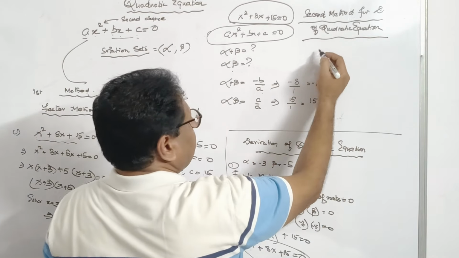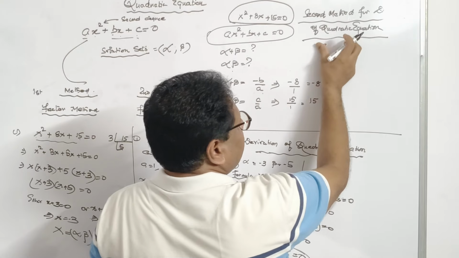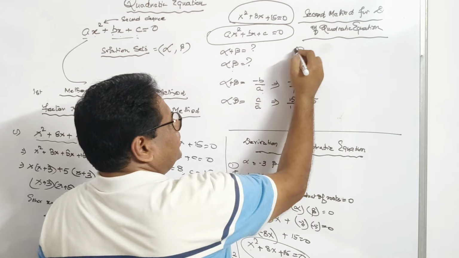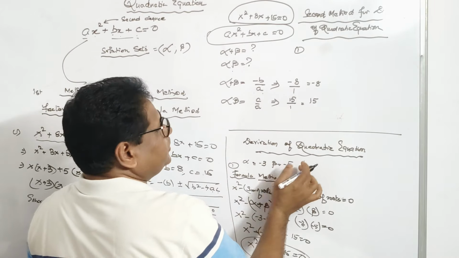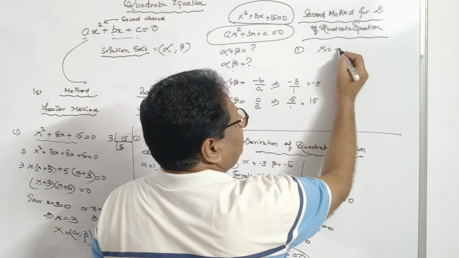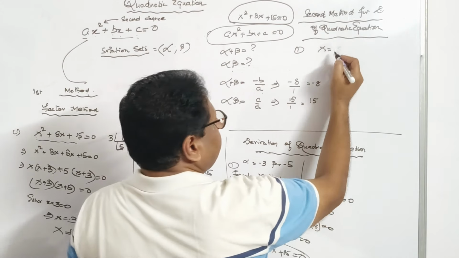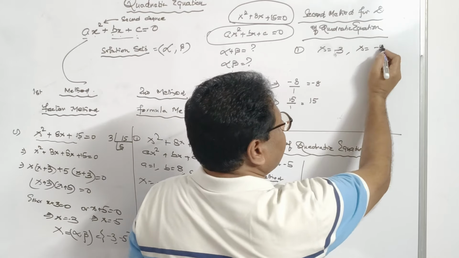You are given the value of the sum of the roots and product of the roots, but this method is only applicable if you know the individual values of alpha and beta. Now start putting the values. x is given as alpha, that is the value of alpha is given to you, minus 3, and the second value of x is given as minus 5.